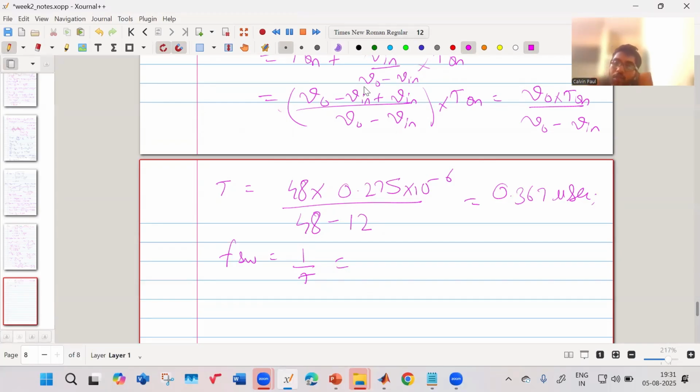That is 2.72 megahertz, correct. That is 2.72 into 10 to the power 6 hertz. So it is 2.72 megahertz. Okay. So any doubts still here?